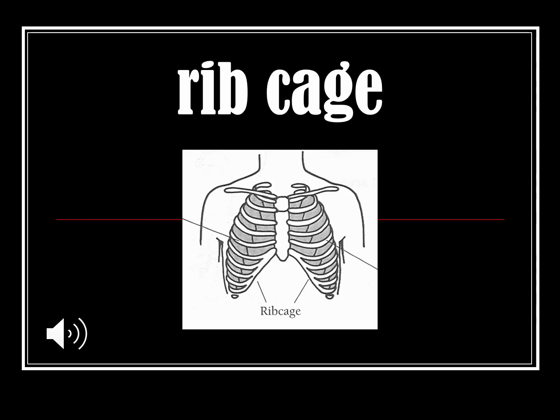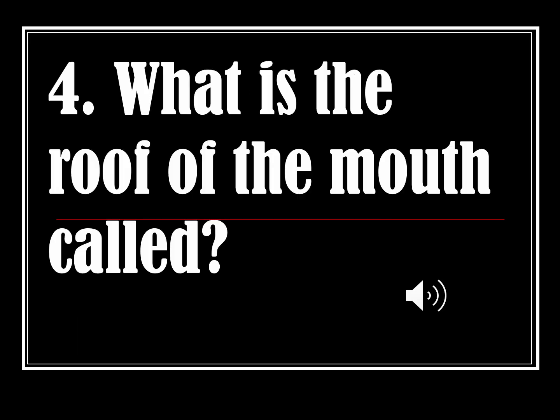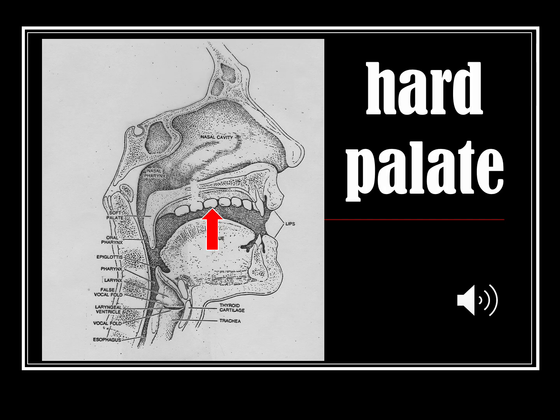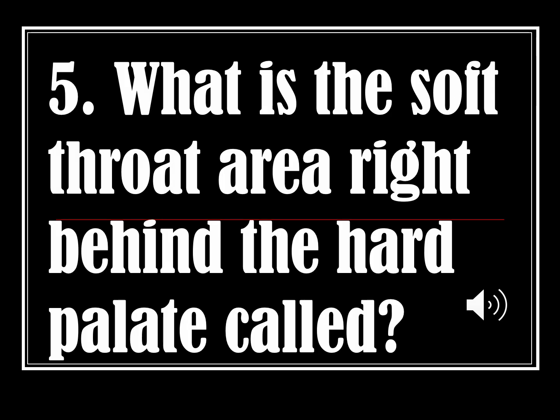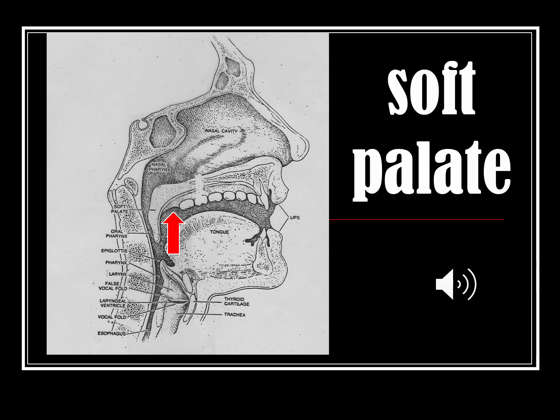The rib cage. Your ribs are bones. What is the roof of the mouth called? The hard palate. What is the soft throat area right behind the hard palate called? The soft palate.